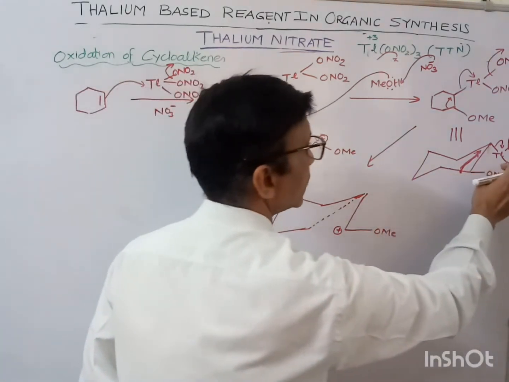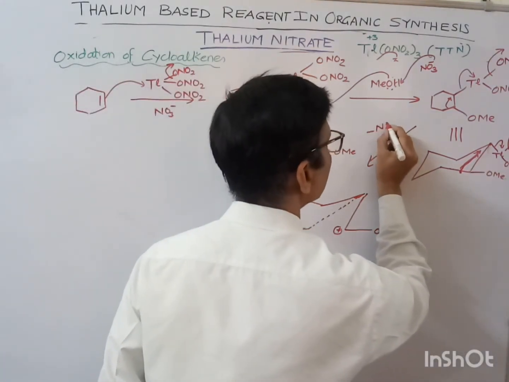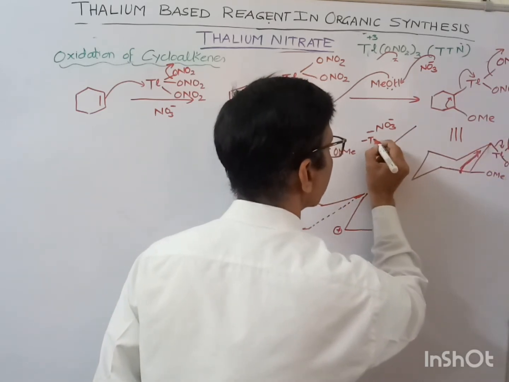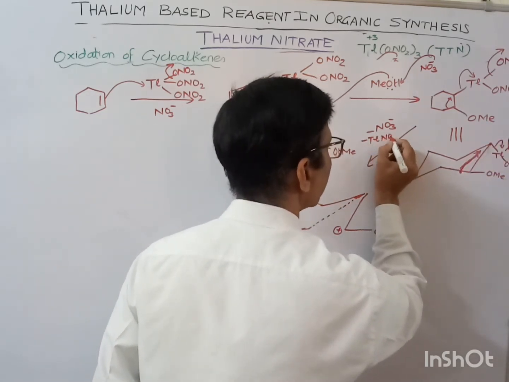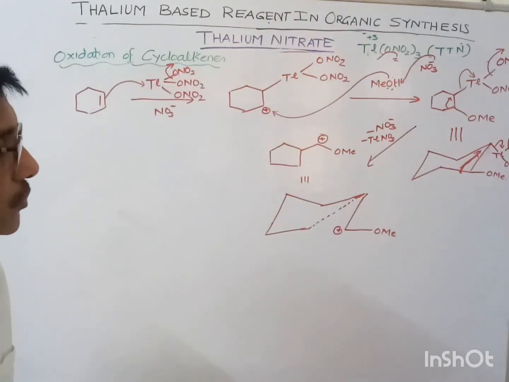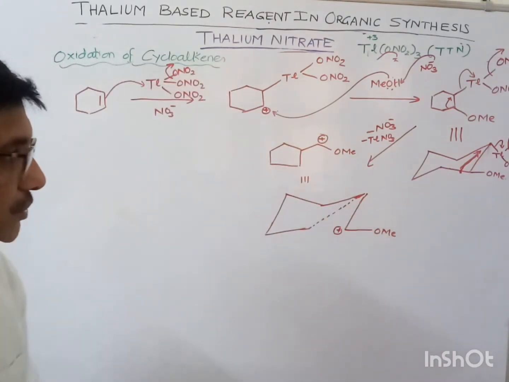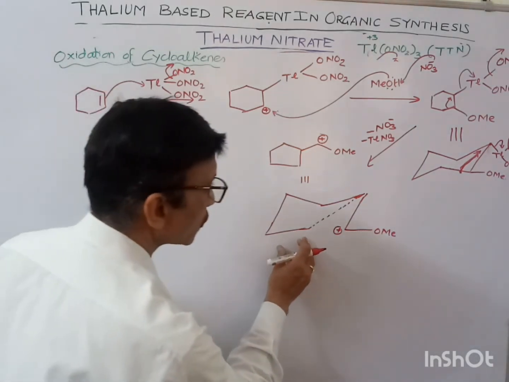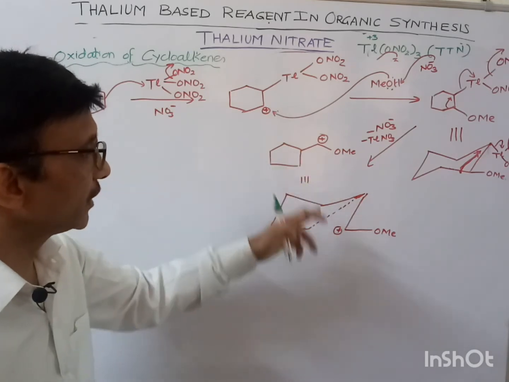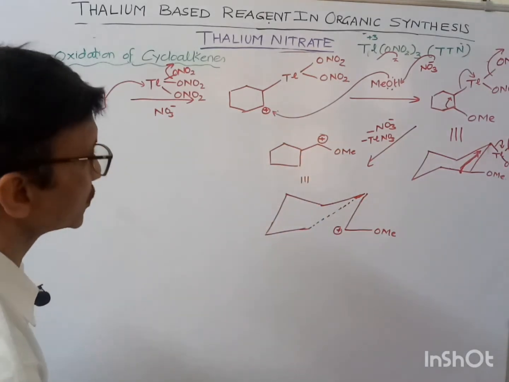So what we have left out, one of the NO3 is left out, and thallium nitrate in +1 oxidation state, that is left out. Okay, so this is the structure. Now this can also be written in the 5-membered way. This is another way of representation.